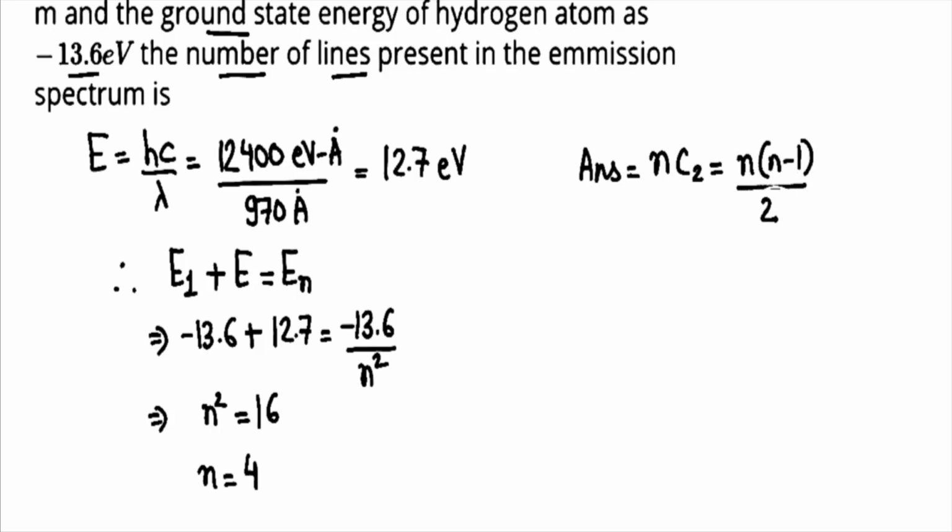That is, when excited to the 4th energy level, the total number of emission lines will be 4 into 4 minus 1 by 2, that is 4 into 3 by 2. So this comes as 12 by 2, which is equal to 6. Hence the total number of lines emitted in de-excitation will be 6.